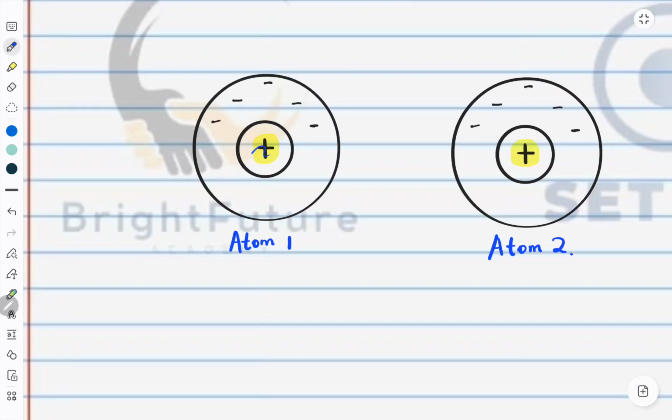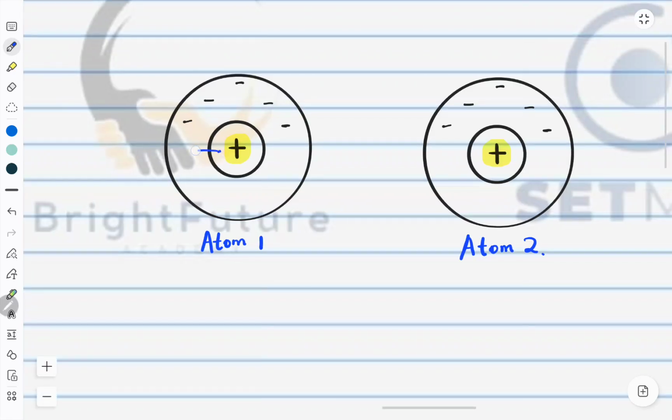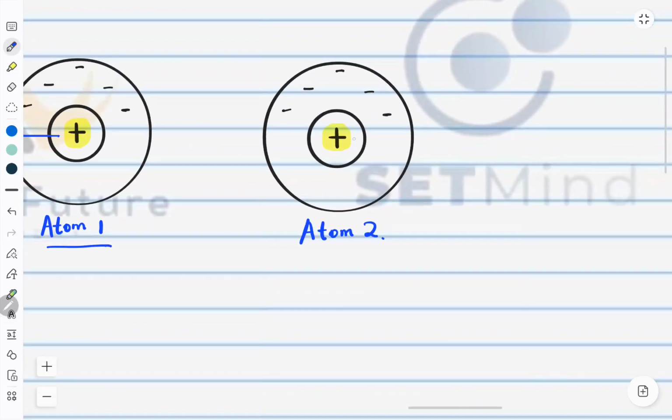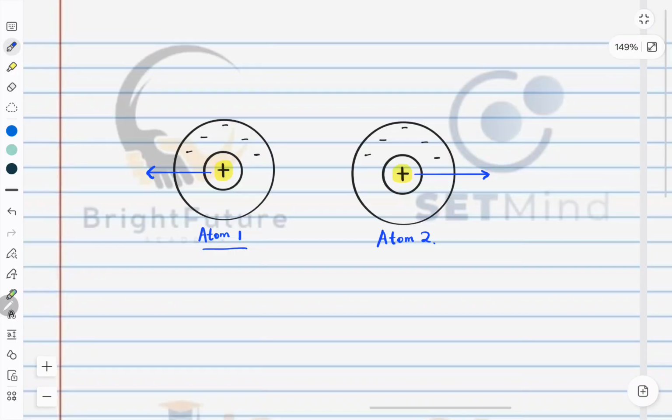So you'll find that the nucleus of atom 1 exerts a force of repulsion on the nucleus of atom 2, such that, let's draw our force vector like this. This is the repulsive force exerted on atom 1 by atom 2. Then this is the repulsive force exerted on atom 2 by the nucleus of atom 1.